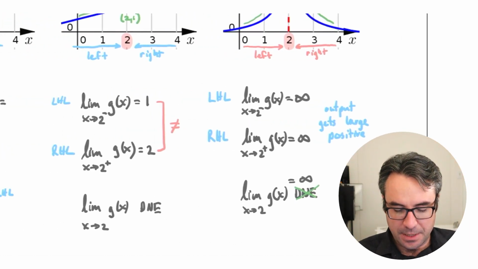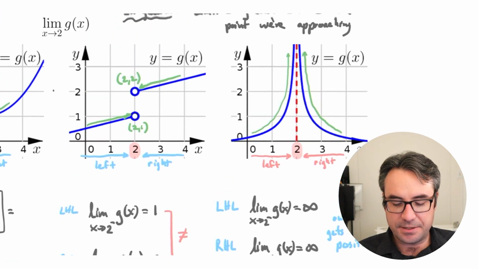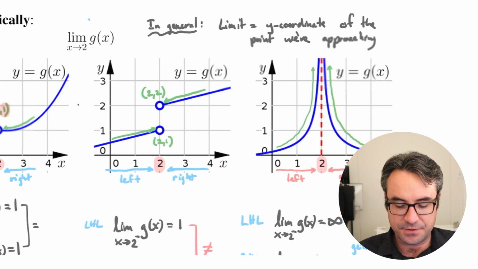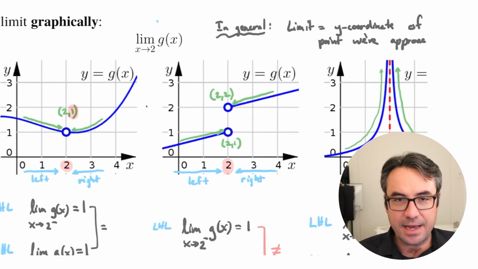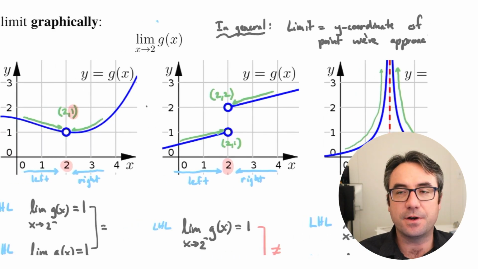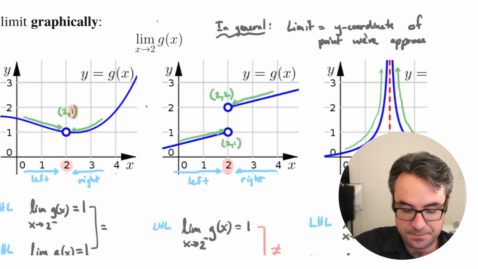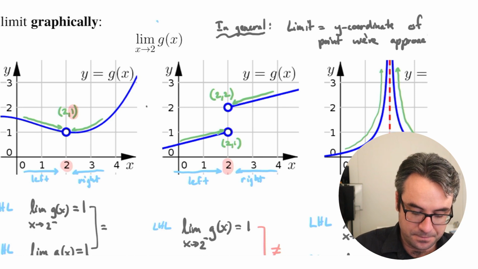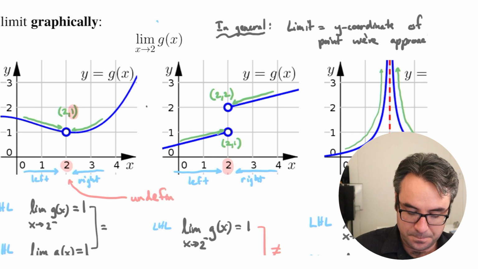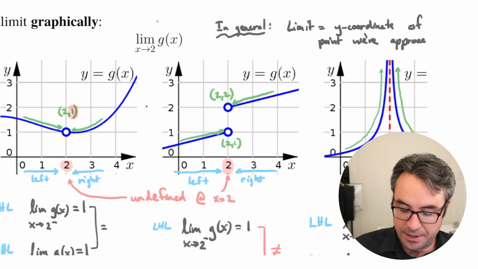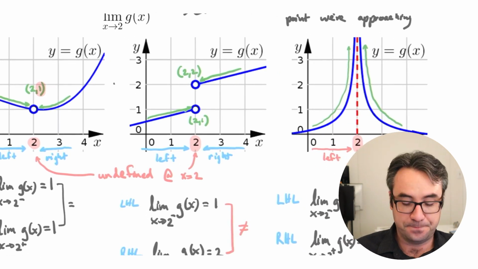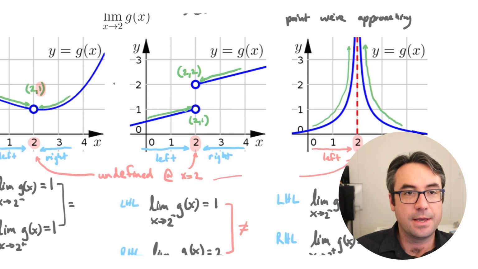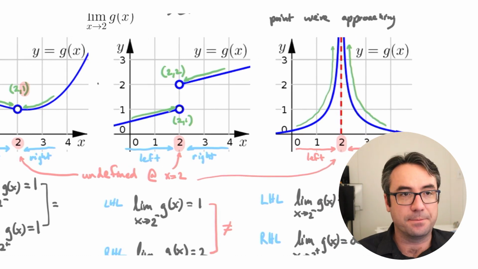All right. So one important thing to note in each of these graphs is that at x equals 2, each of these functions is undefined. And how do I know that?